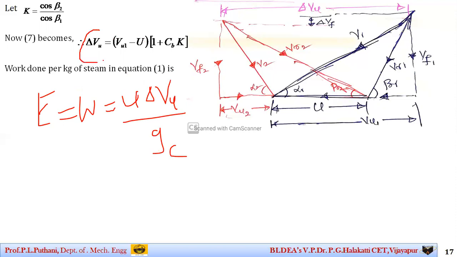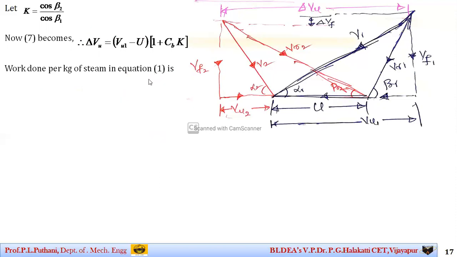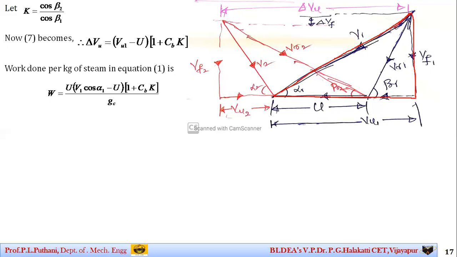So directly I have the value of delta VU which I will substitute in this equation number 1, and the new equation which I will be having is U delta VU is VU1 times 1 plus CBK. Regarding this VU1, please observe the inlet velocity triangle.